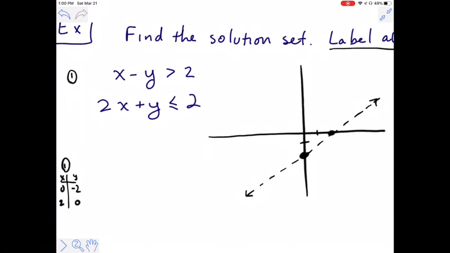And to decide where to shade, I'm going to use my test point right here of 0, 0. If I plug in a 0 for both x and y, then I get a statement 0 is greater than 2. 0 is not greater than 2, so my test point did not satisfy the inequality, which means the test point there is not in the shaded region. So I'm going to shade away from that test point, which would be below.